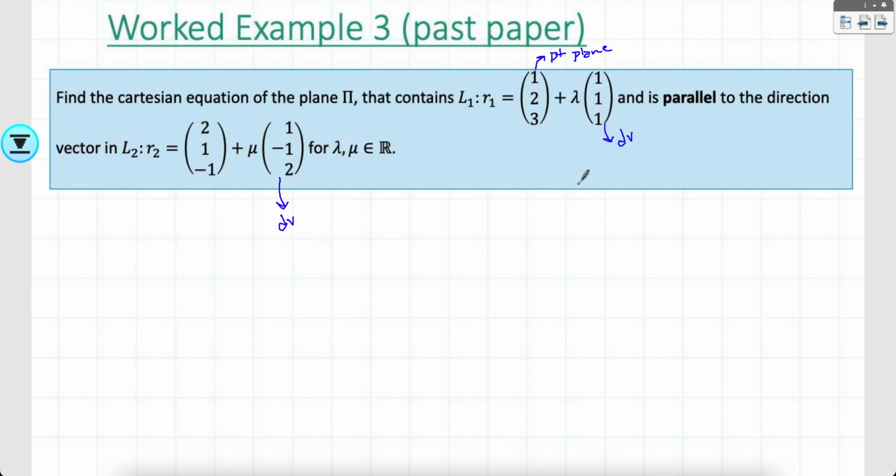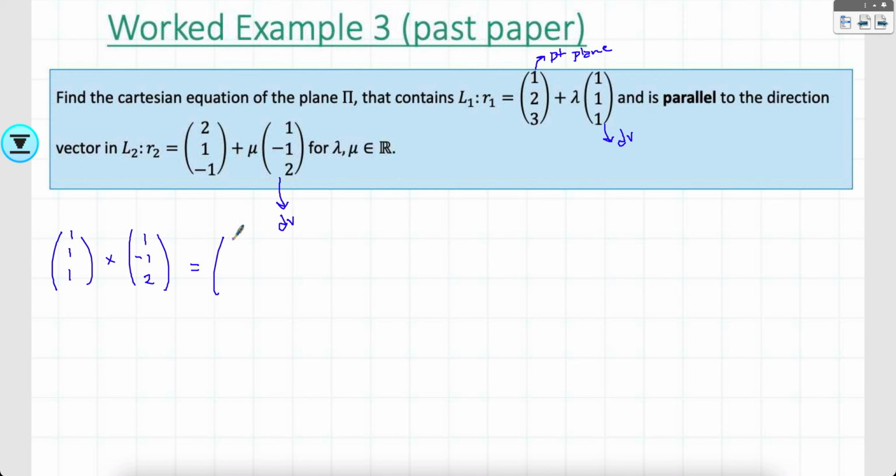So based on what I have, I will first find the cross product of the 2 direction vectors. So the rest of the solution is quite easy to do. The trick in the beginning was just to figure out what points to use, or what vectors to use, sorry.